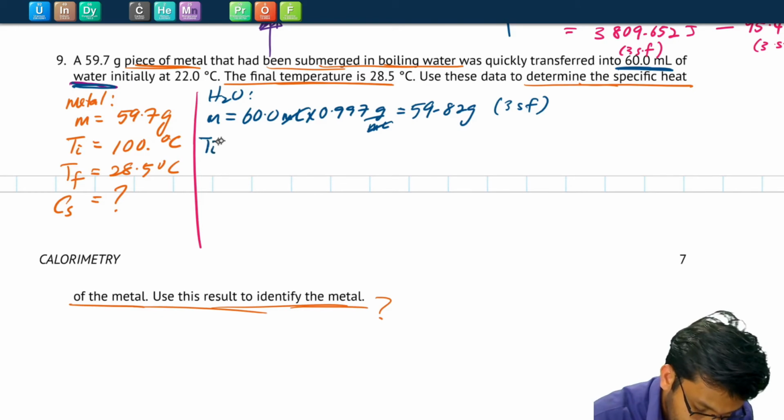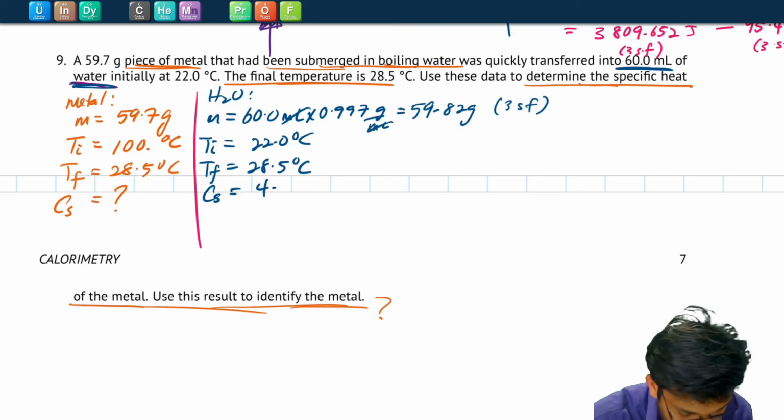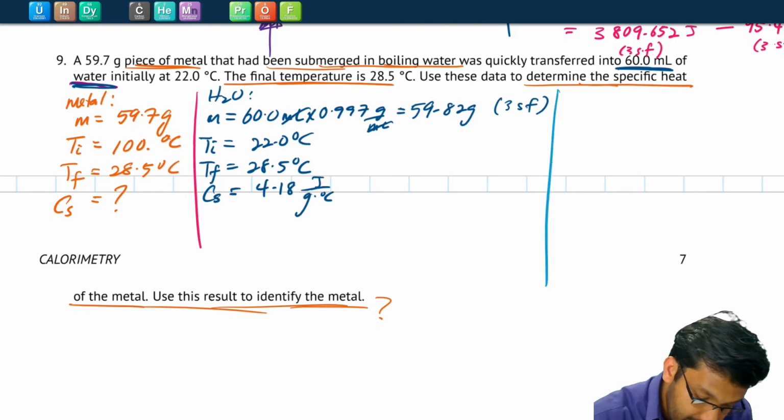The initial temperature of the water, 22.0 degrees Celsius. The final temperature, 28.5 degrees Celsius. And the specific heat capacity of water we know as 4.18 joules per gram per degree Celsius. Okay, this is all good.